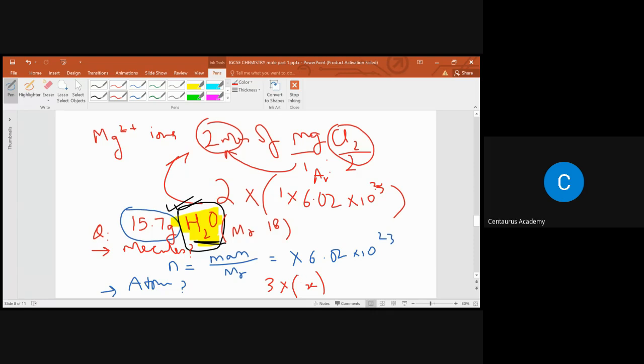So you will multiply that answer. This is the total number of molecules which are present. If you multiply it by 3, you will get the total amount of atoms which are present in this particular mass of water which is given to you. Clear?